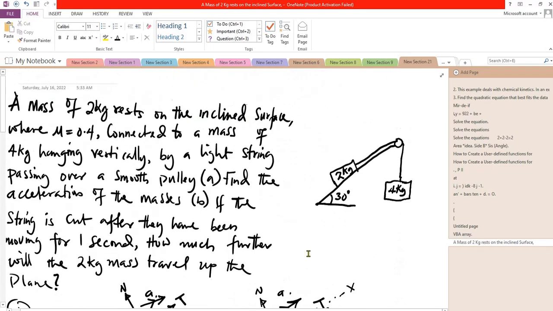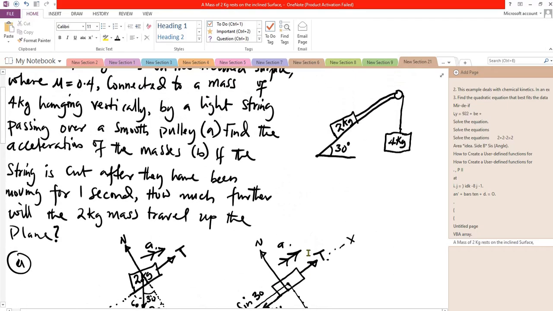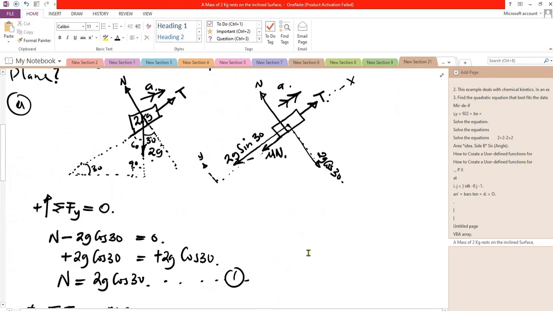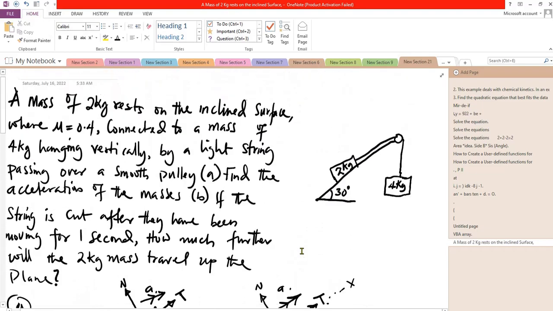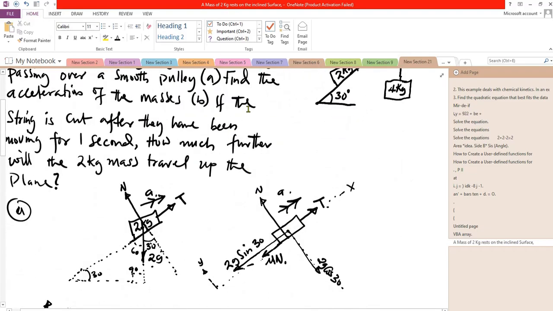Then now, they said if the string is caught after they have been moved for 1 second. So now the system has been moving for 1 second and the string is caught. After the string is caught, how much further will the 2 kilogram mass travel up the plane?